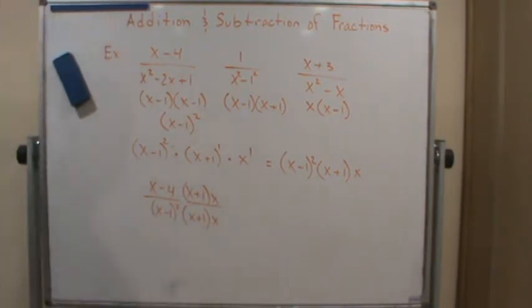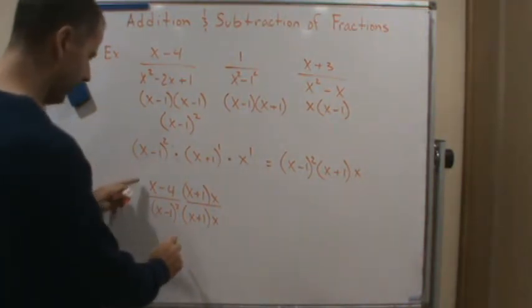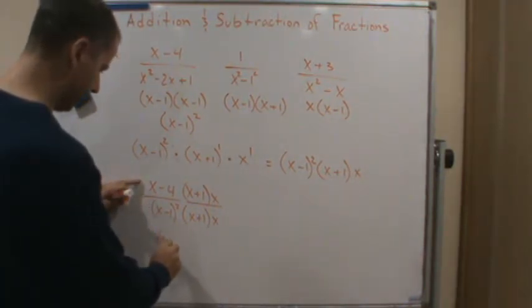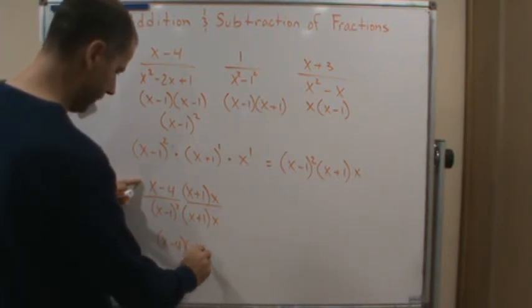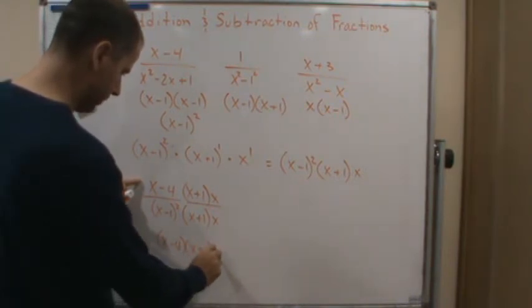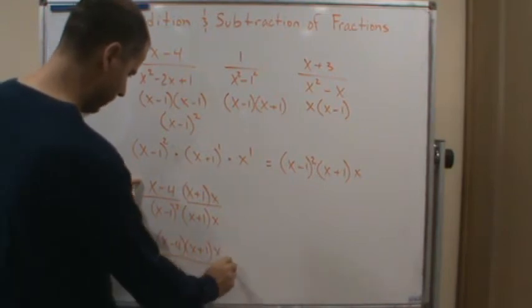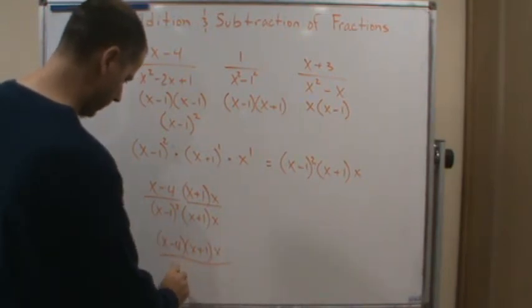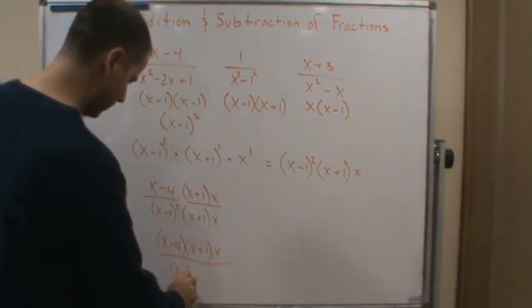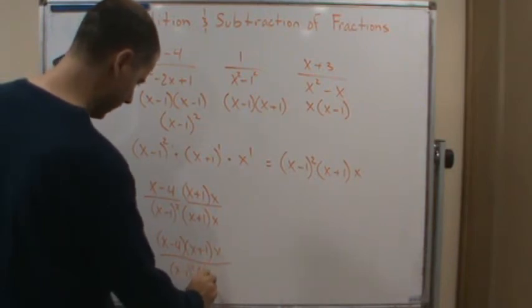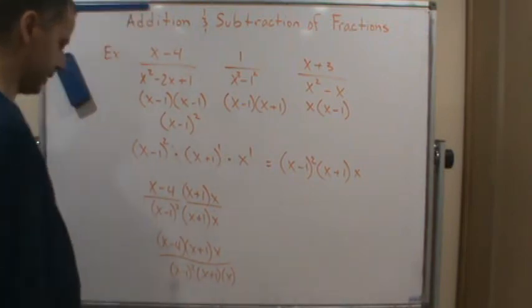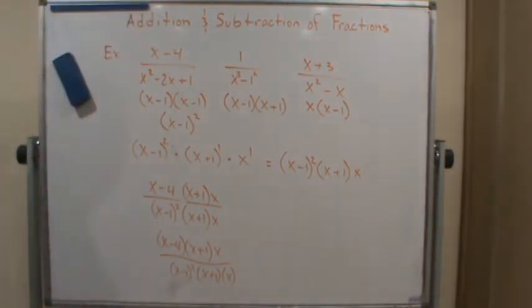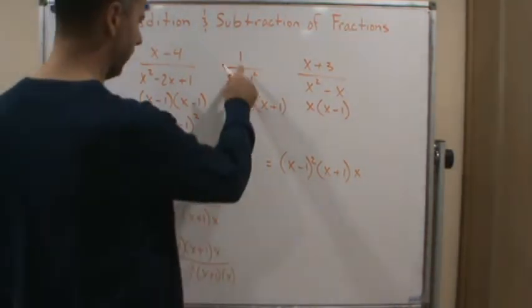So what do I get? I get x minus 4 times x plus 1 times x over x minus 1 squared times x plus 1 times x.